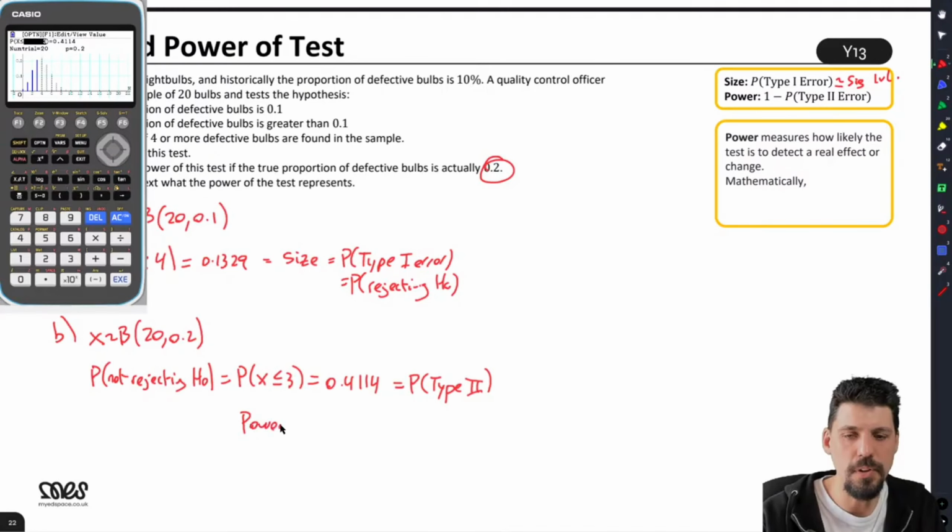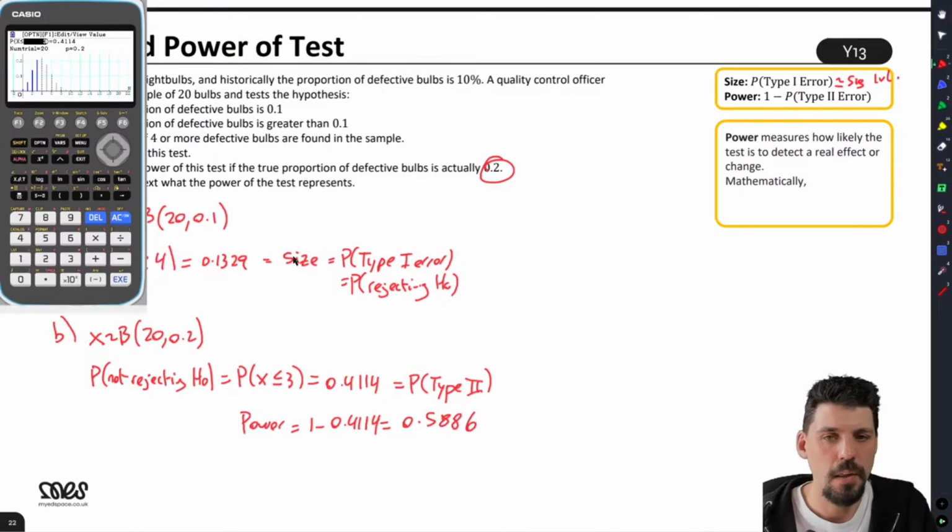So the power of this test is 1 minus that, which is 0.5886. Okay?